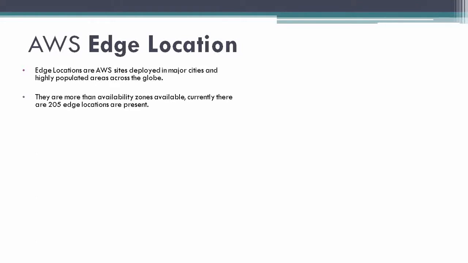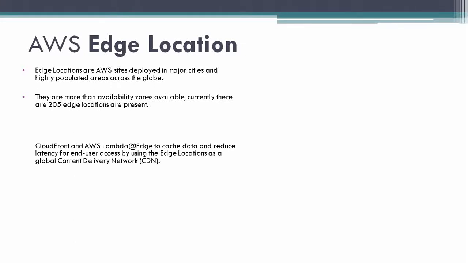Okay, now moving to the next component of AWS infrastructure, that is AWS edge locations. Edge locations are AWS sites deployed in major cities and highly populated areas across the globe. There are more than availability zones. Currently there are 205 edge locations present.